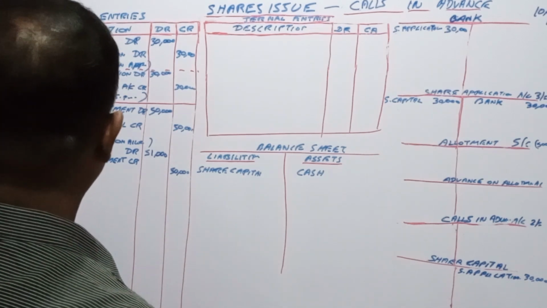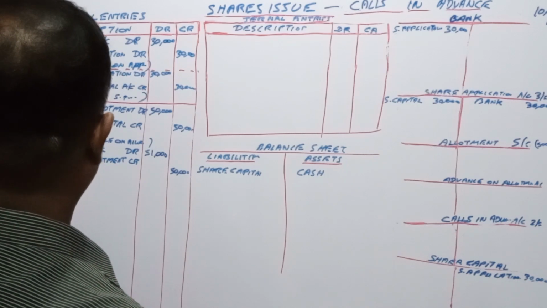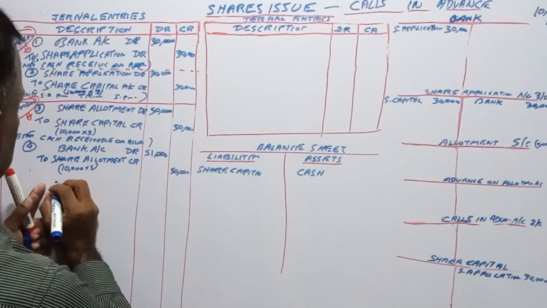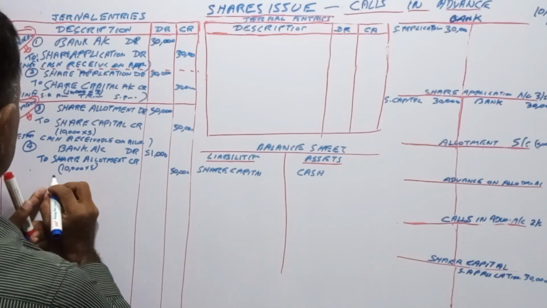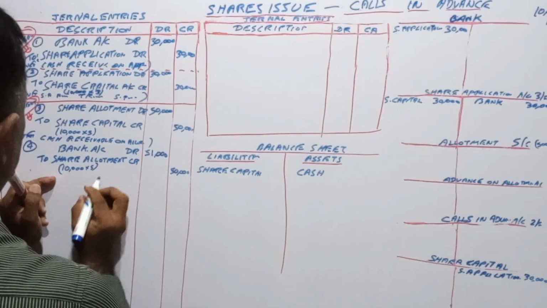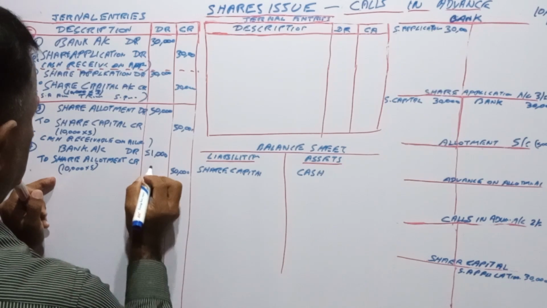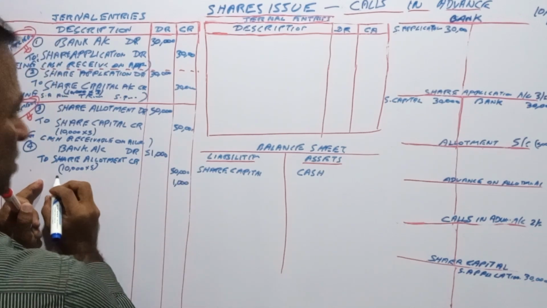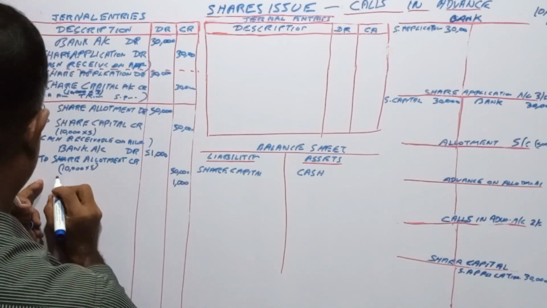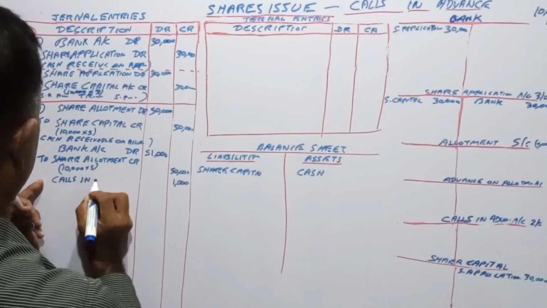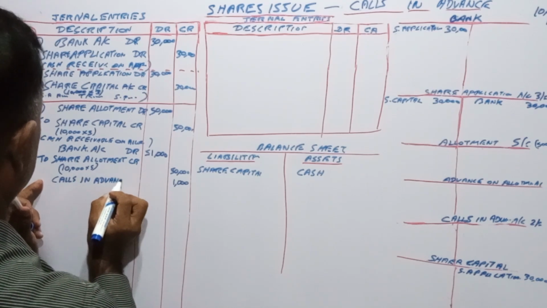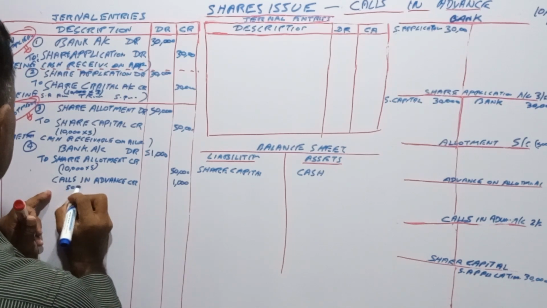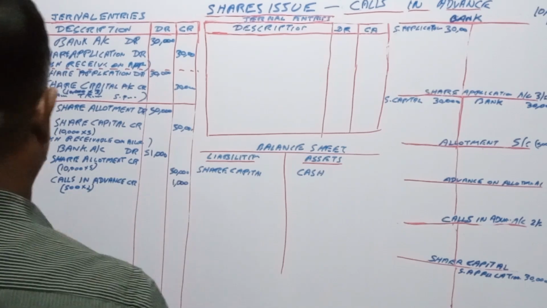And 1,000 we have received in advance, that is calls in advance account, a credit balance, 500 into 2, that is 1,000.